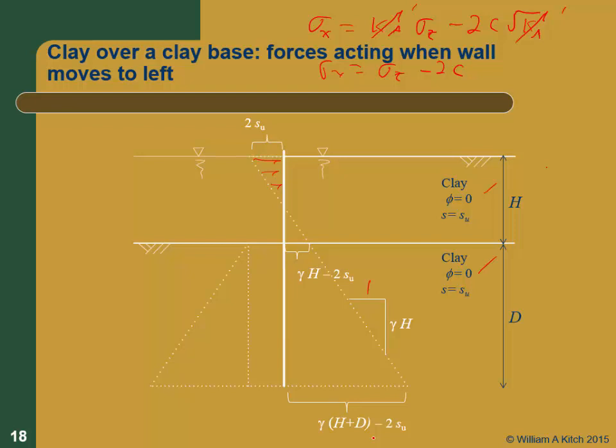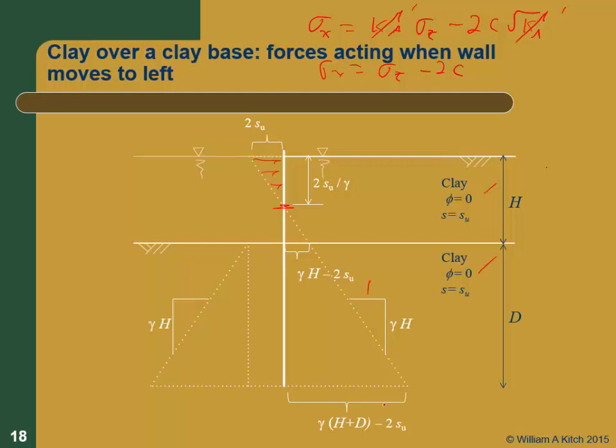Now, there's no difference between active and passive here, so I don't have to have an active envelope and a passive envelope because I've only got one case, right? Because Ka is equal to Kp. The depth to the place where there's 0, we went over this when we were talking about earth pressure, is going to be 2 times SU divided by gamma of your soil. That's going to be important.